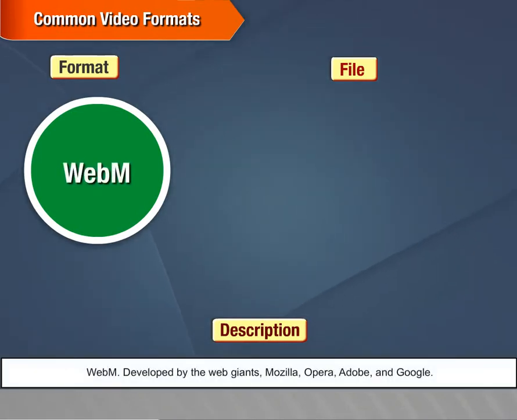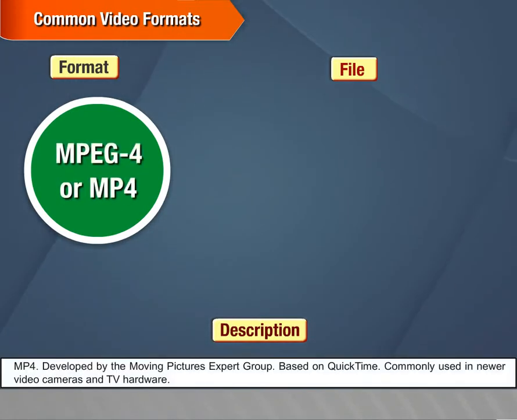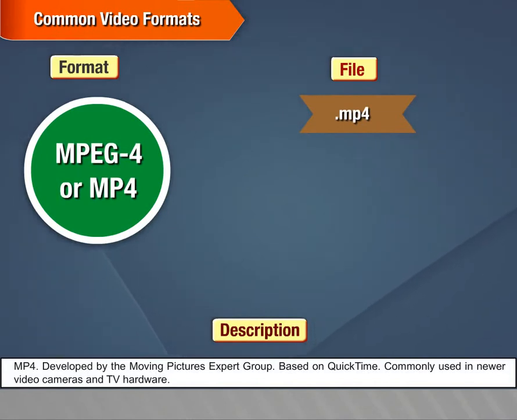WebM, .webm. WebM, developed by the web giants Mozilla, Opera, Adobe, and Google. MPEG-4 or MP4, .mp4. MP4, developed by the Moving Picture Experts Group, based on QuickTime, commonly used in newer video cameras and TV hardware.